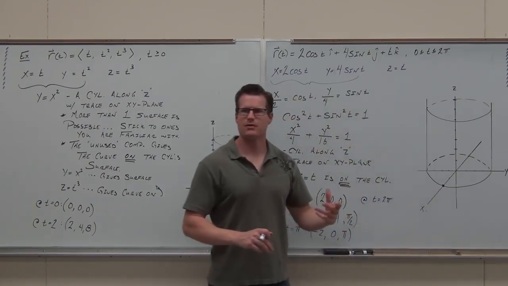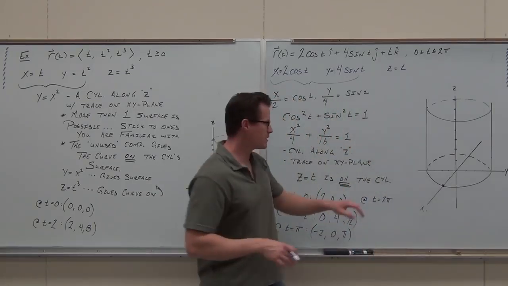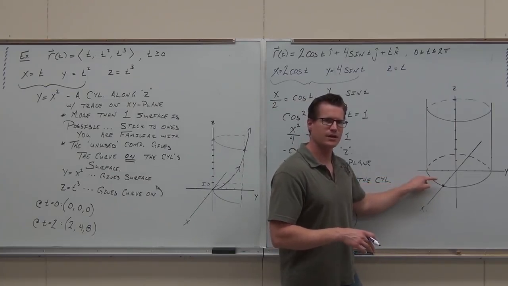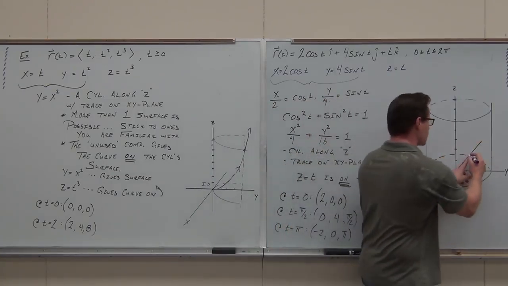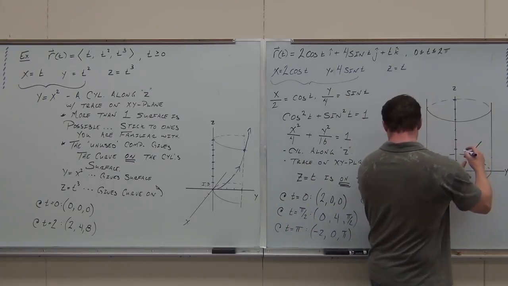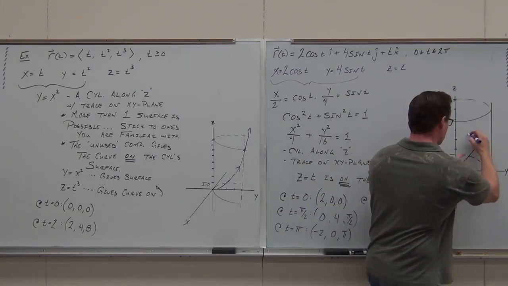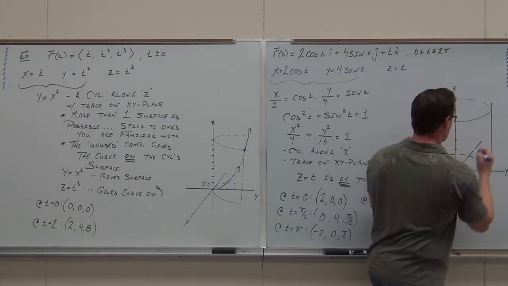I know I'm missing 3 pi over 2, but I already see what's going on here. I know I'm starting here. I know I'm traveling along the outside of the soda can. I'm going to hit here, I'm going to hit back here somewhere, roughly there.